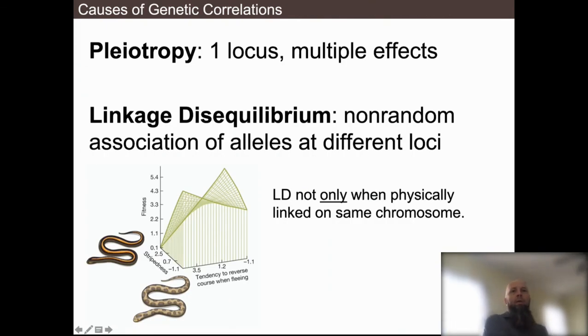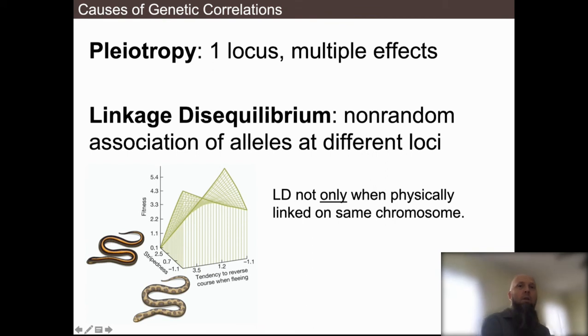So these genetic correlations that we've talked about, why might these exist? The first is a term that I want you to be familiar with, and this is pleiotropy. This is when a change to one locus has multiple effects. This is kind of the opposite of epistasis, if you want to think about it that way. Remember, in epistasis two loci affect one trait.